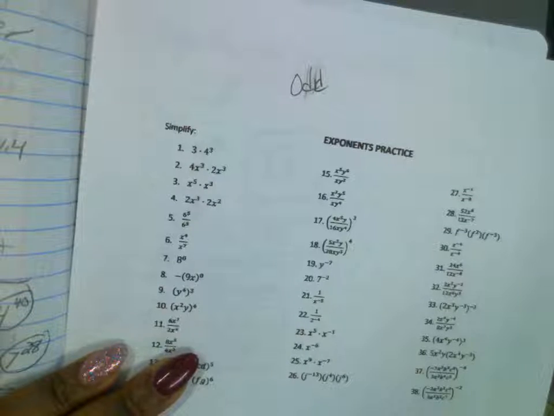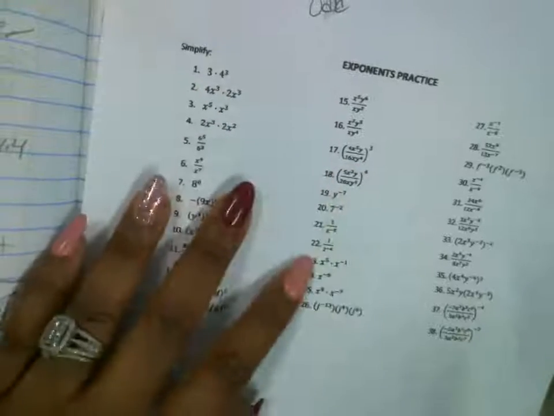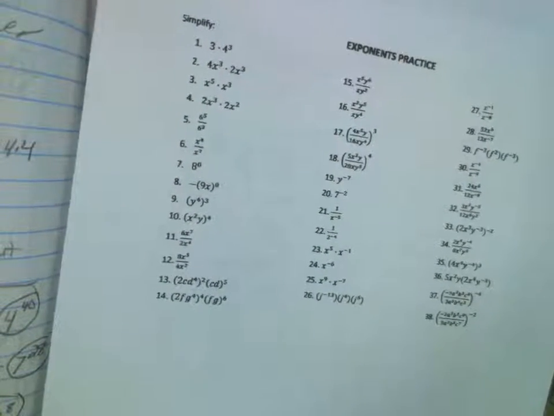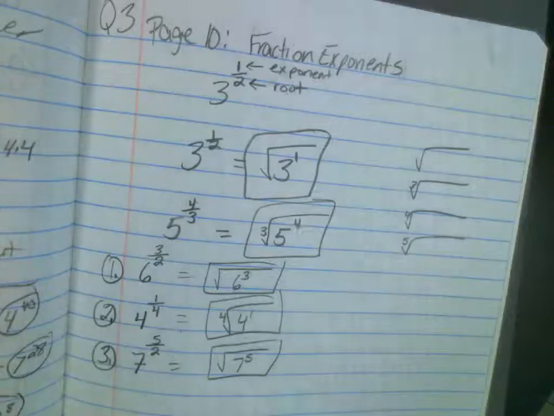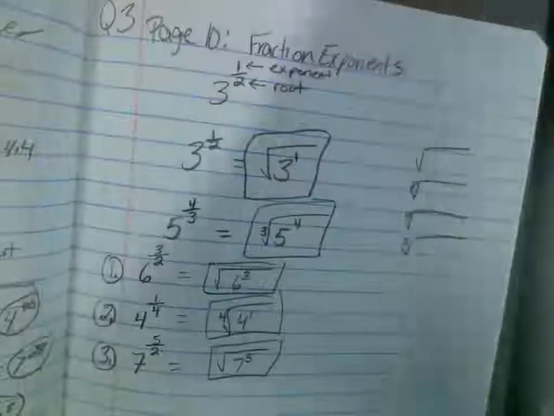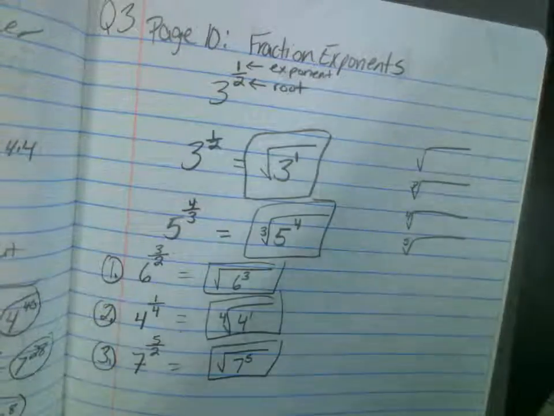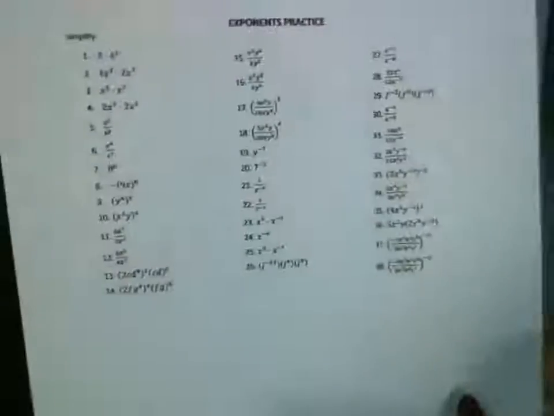On a separate piece of paper, please. You're going to take a picture of this and you're going to submit this on Canvas. You're doing the odd problems on a separate piece of paper.